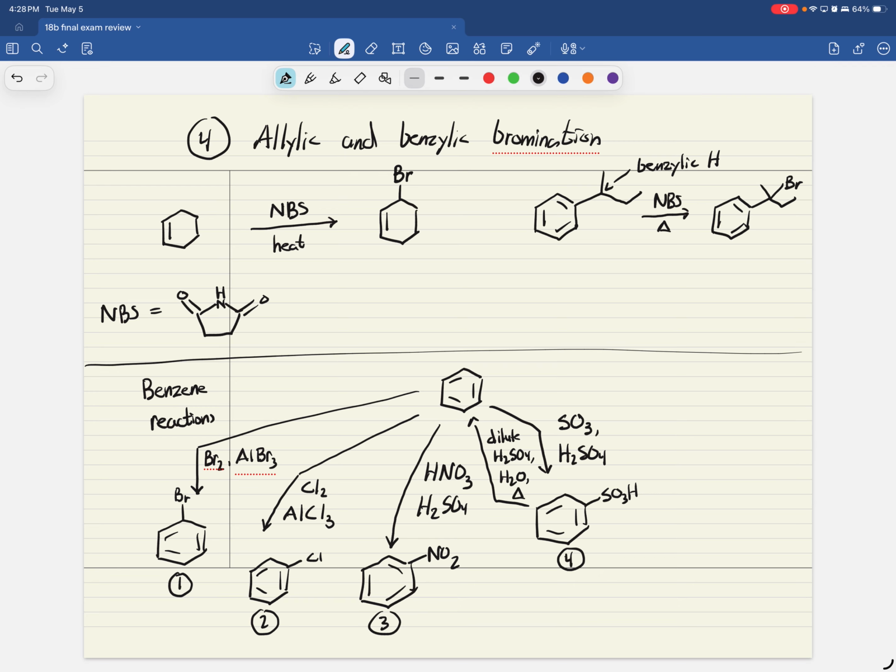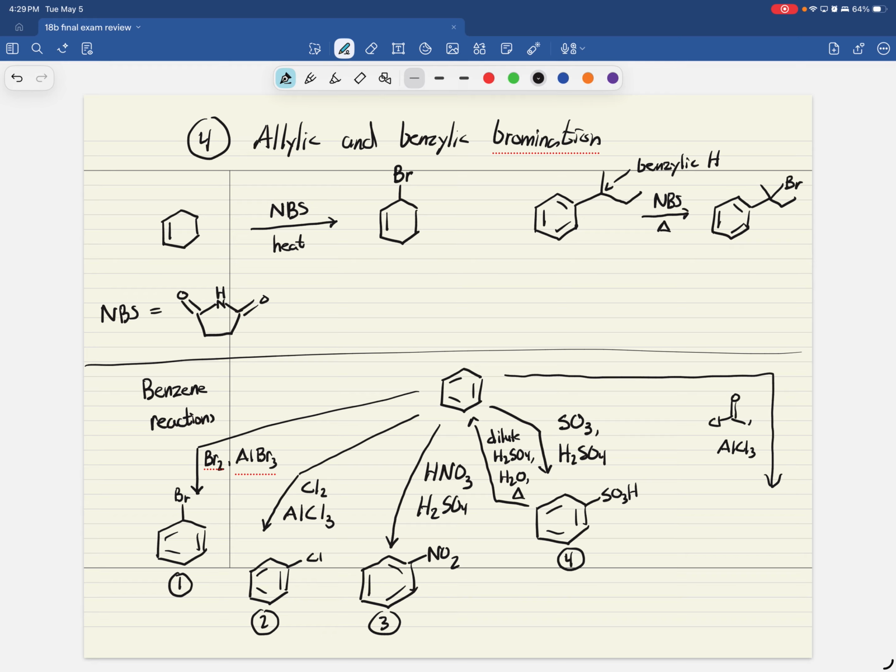Very good. All right, so now we've got two more, the Friedel-Crafts reactions. Let's draw an arrow here. So Friedel-Crafts, what if I add acetyl chloride and Lewis acid, AlCl3?